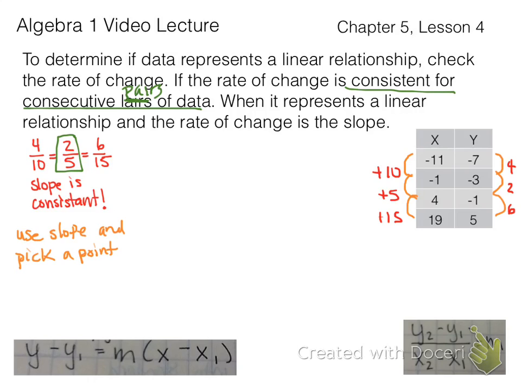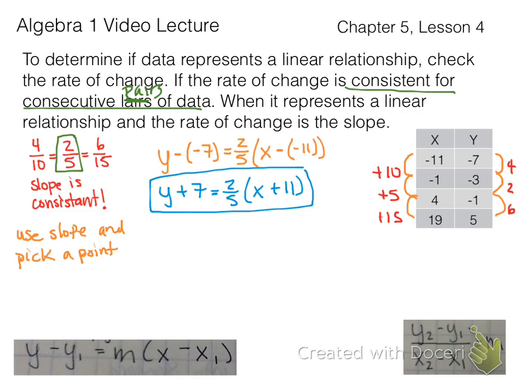And then I'm going to just pick a point. So I picked the point negative 11, negative 7, and you plug it in, and then I went ahead and added the opposite. All right, so see, even though negative 7 was the y coordinate and negative 11 was the x coordinate, when you add the opposite, your equation does change a little.